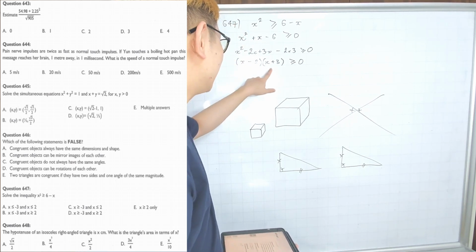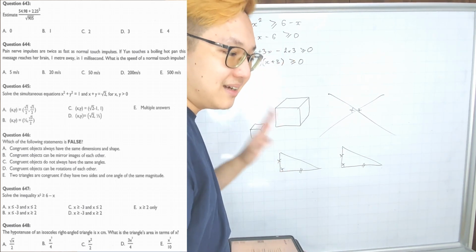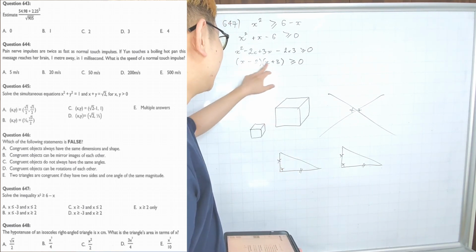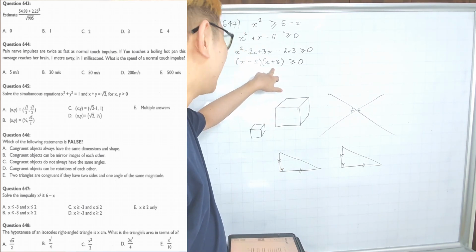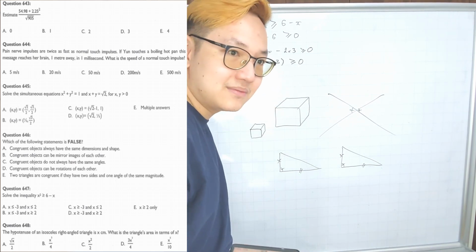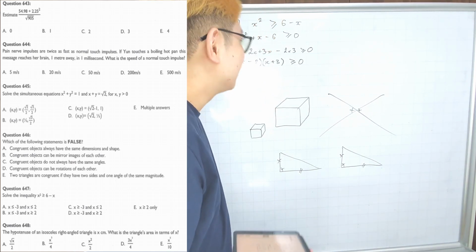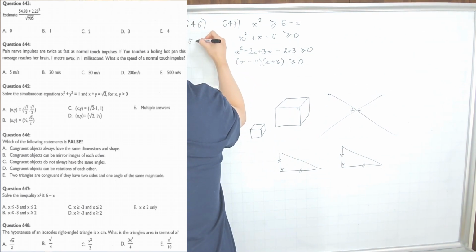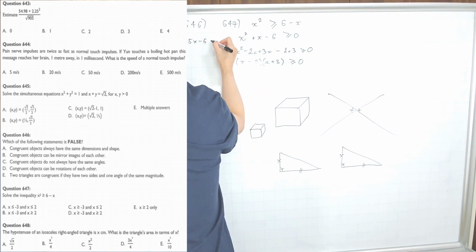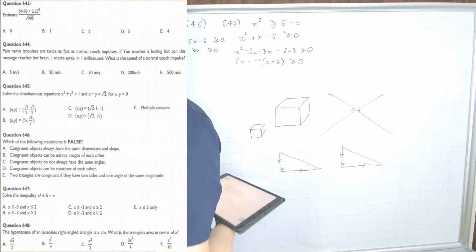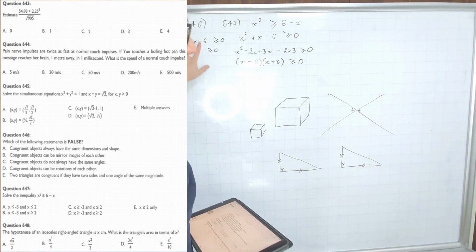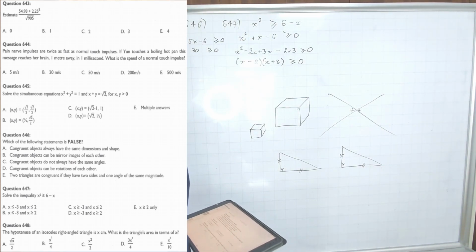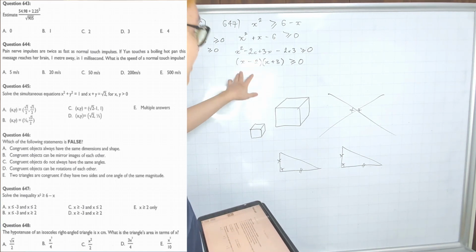For example, minus 5 times minus 6 is still bigger or equal to 0, because it's 30. It has to be like both of them are positive or both of them are negative, isn't it?